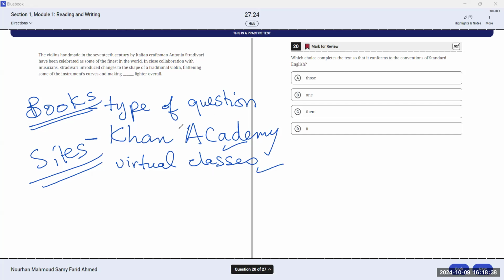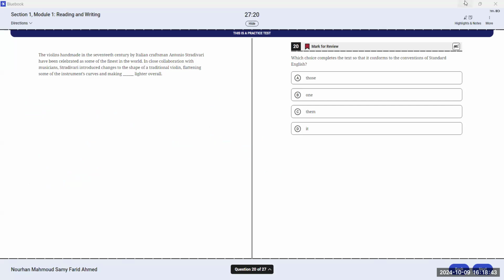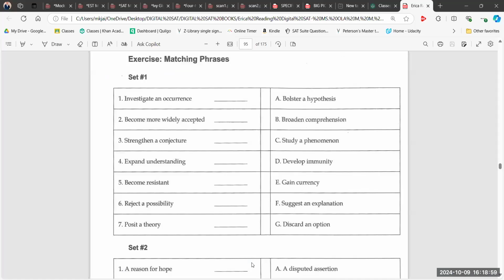What kind of books do we have? Let me show you. Here we go. This is one of the nice books that we have, which is Erica's. Erica has two nice books, so far four now. One for reading, one for writing. I know they are not divided this way in our test, but she's trying to make a link to the type of question.